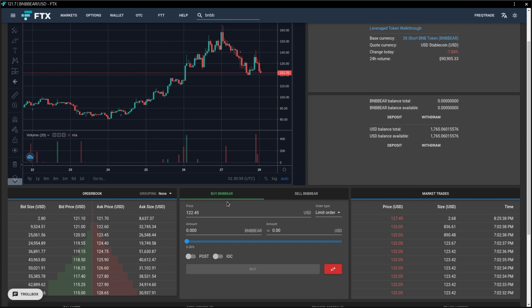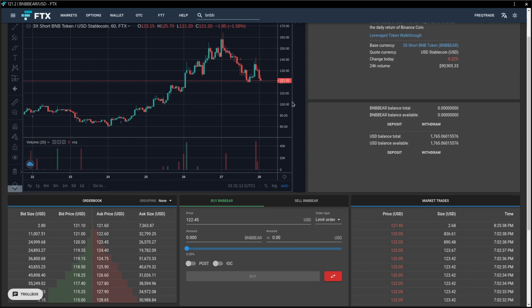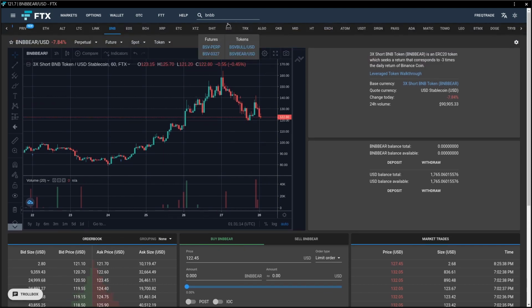It's not that people are trading them, so no one can actually come in and dump a ton of tokens, right? Because they will have to actually, let's say, dump the underlying, in this case BNB, to actually dump BNB bull. In the case of BNB bear, you have to buy a ton of BNB to move the spot markets of BNB to actually move the markets of this thing.